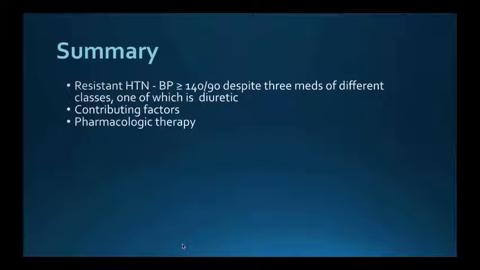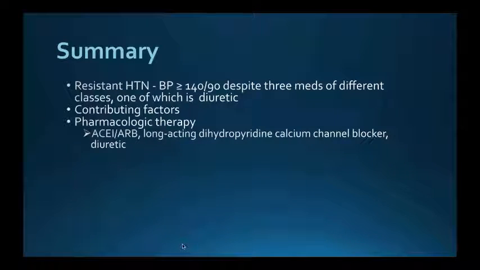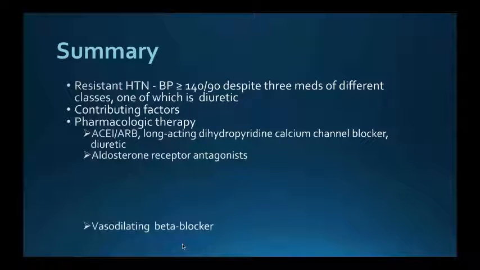Pharmacologic therapy of resistant hypertension begins with a cornerstone 3-drug regimen consisting of an ACE inhibitor or an ARB, a long-acting dihydropyridine calcium channel blocker, and a diuretic, preferably chlorthalidone or indapamide. Aldosterone receptor antagonists are often very effective as an additional agent for the management of resistant hypertension.